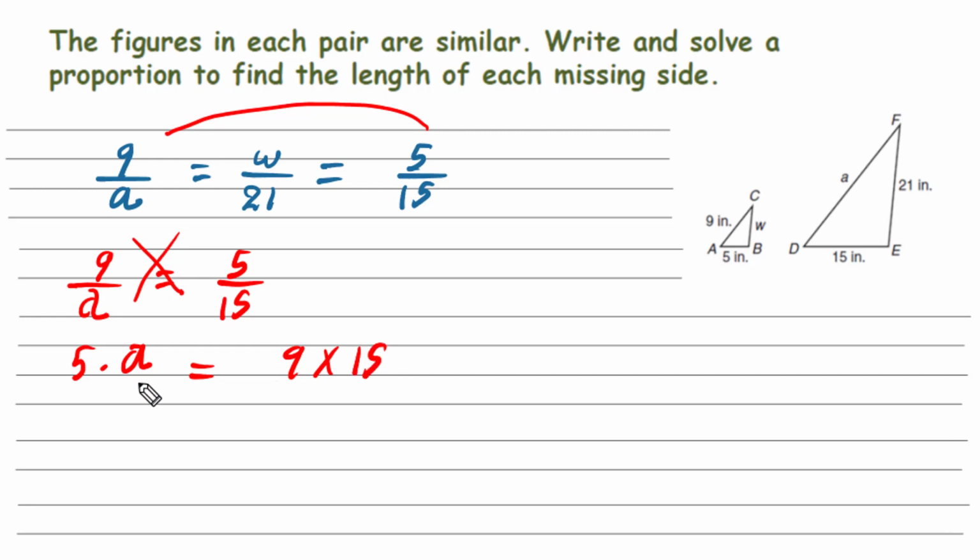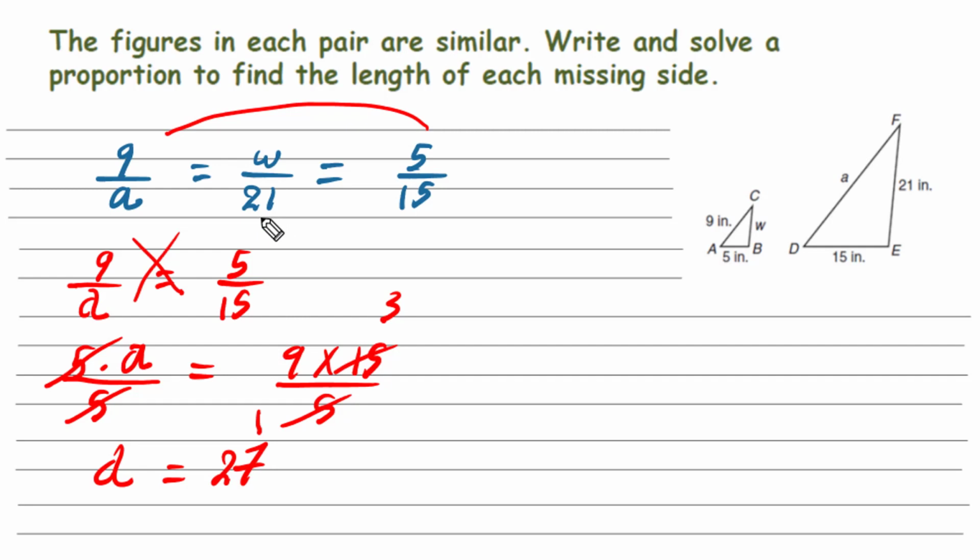To find the value of a, just divide both sides by 5. Cancel out common factors. We get a equals 9 times 15 over 5. 15 is divisible by 5 equals 3. Now 3 times 9 equals 27.